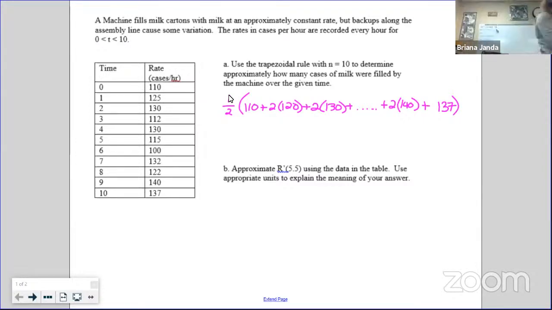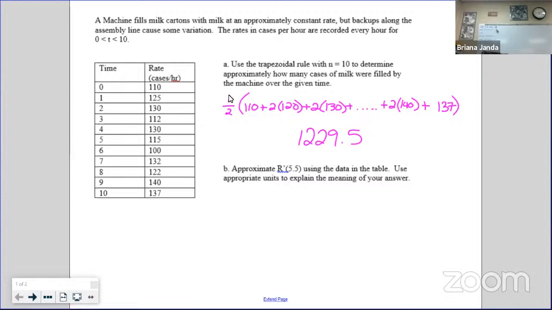I don't remember what this answer is. 1,229.5. Okay, well, trap rule takes a little bit of remembering some specifics, but remember, this was just a fast shortcut of adding up a whole bunch of trapezoids that happen to all have the same height.